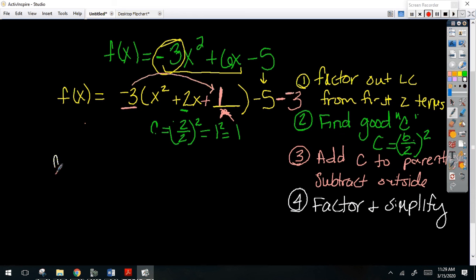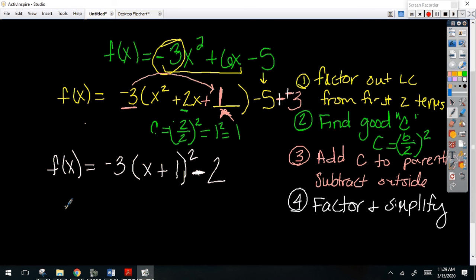All right, so factored, I have negative 3 times, remember it's the square root of the first term, and the square root of that good C that I put up there, squared. And now negative 5 and 3 would be negative 2. And that's a minus there.